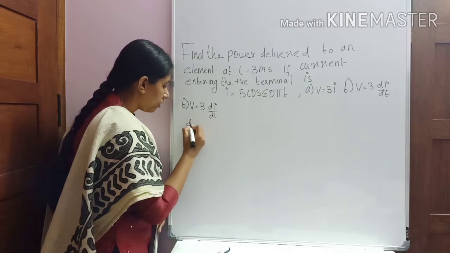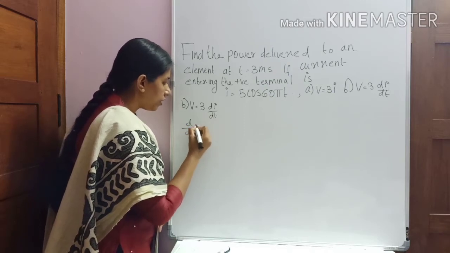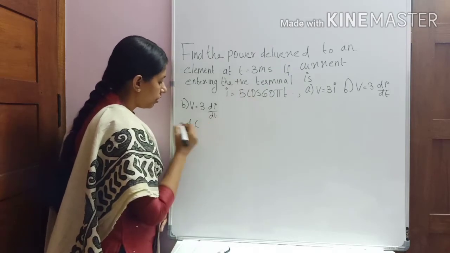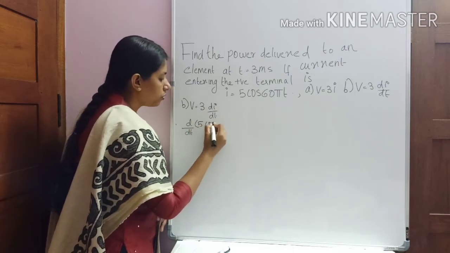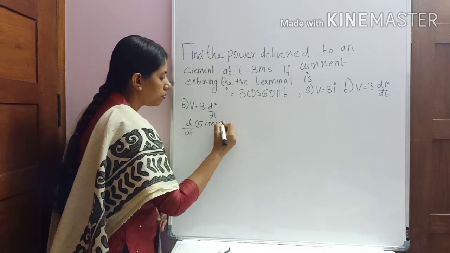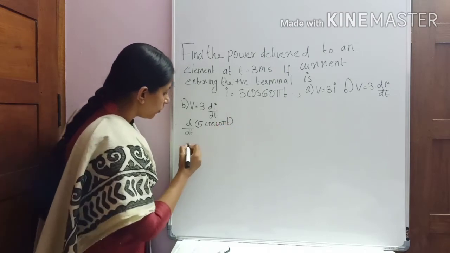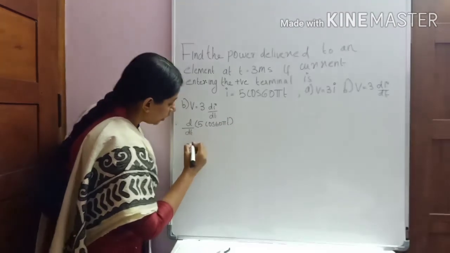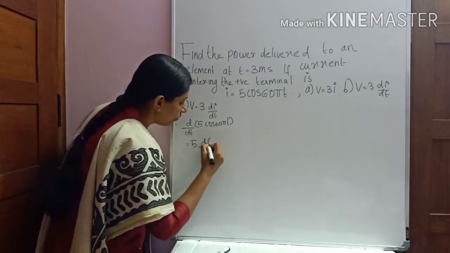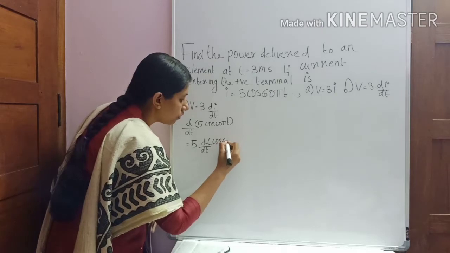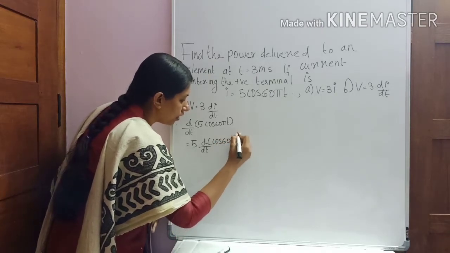So d by dt of, instead of I, you will have to substitute 5 into cos of 60 pi t. 5 is a constant, so you take that outside: 5 into d by dt of cos of 60 pi t.